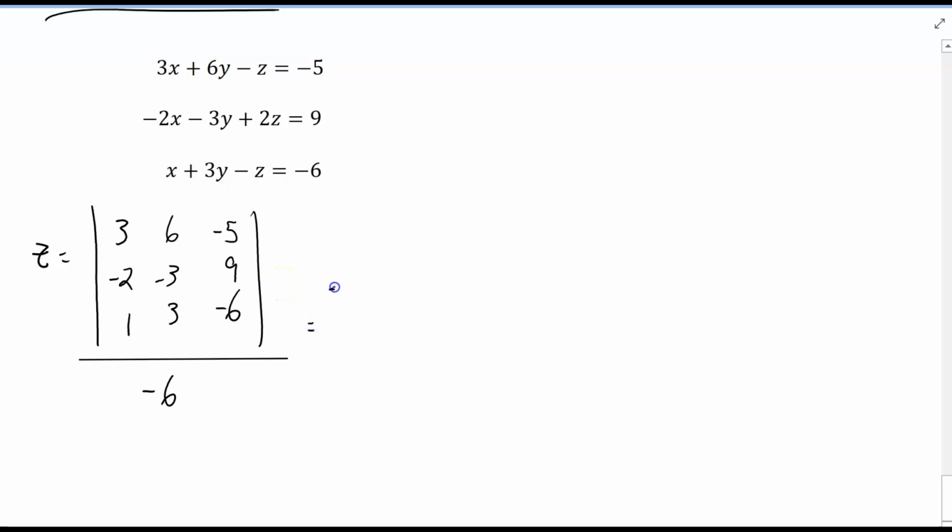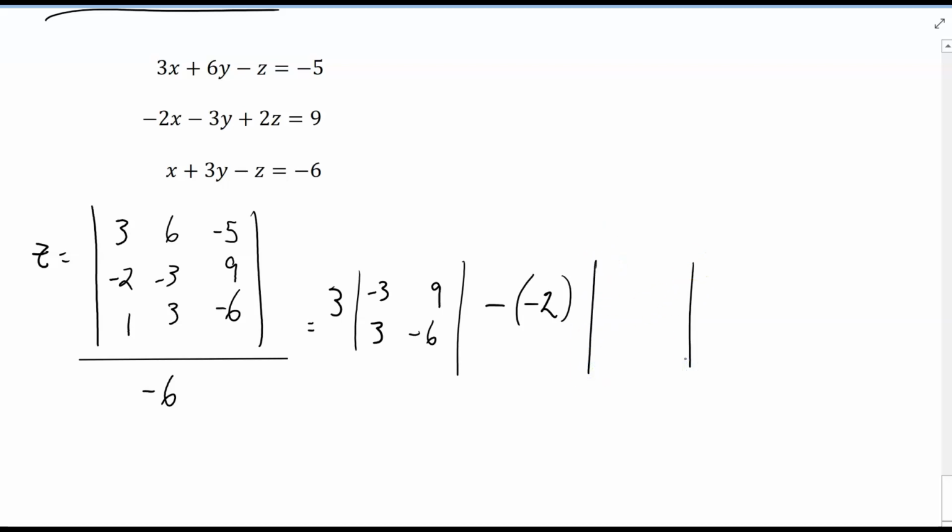I will multiply 3 by the 2 by 2 determinant of minus 3, 9, 3, negative 6. And I will multiply the negative of negative 2 by the 2 by 2 determinant of 6 minus 5, 3 minus 6.